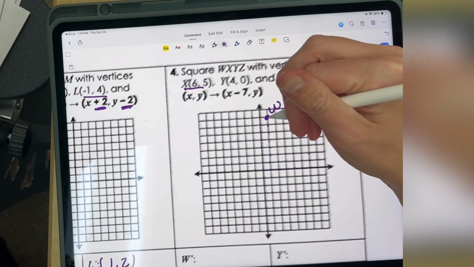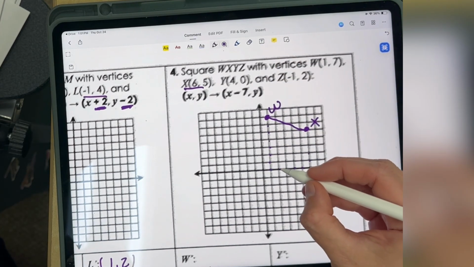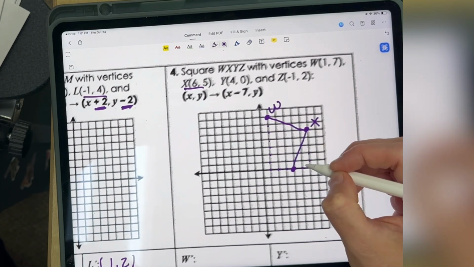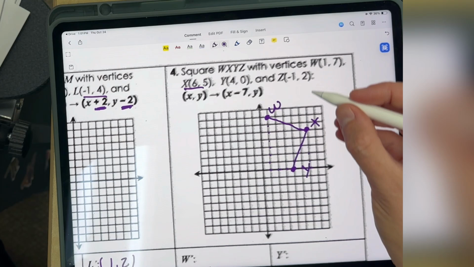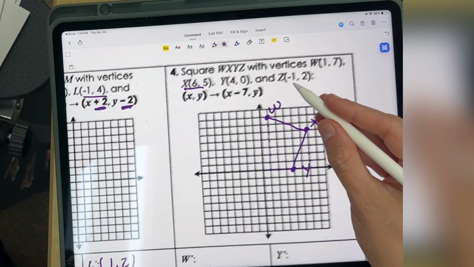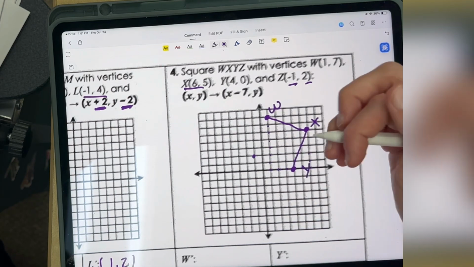There's the preimage X. Y is at 4, 0, so 1, 2, 3, 4, not going anywhere. Lastly, Z is at negative 1, 2, so negative 1 means go to the left 1 and then up 2. So over 1, up 2 right here.